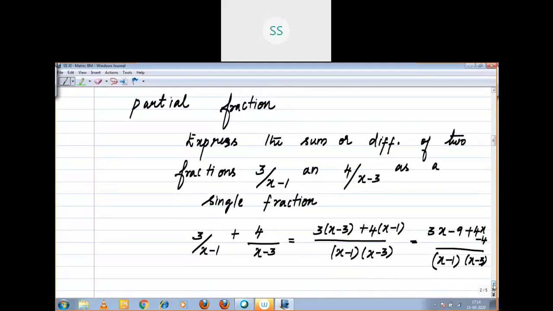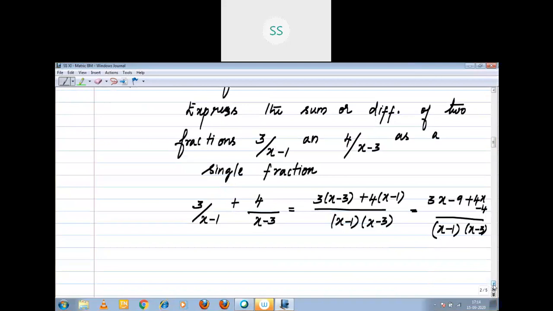Now what can you arrive at? 3x plus 4x, 7x minus 13, divided by x minus 1 into x minus 3. Expressing a sum or difference of two fractions as a single fraction.